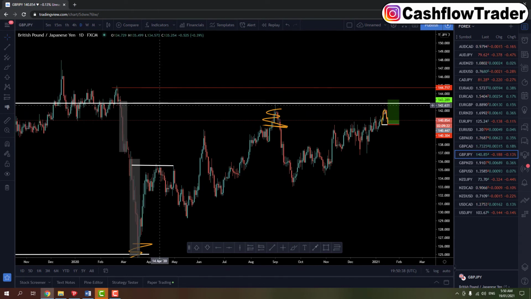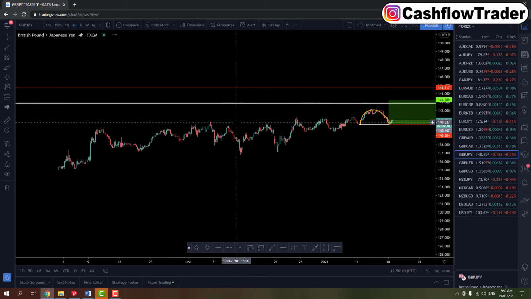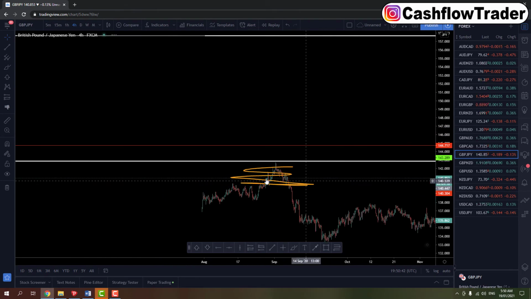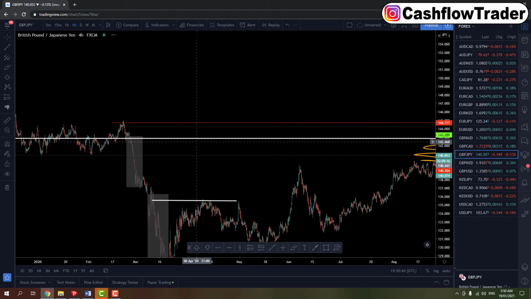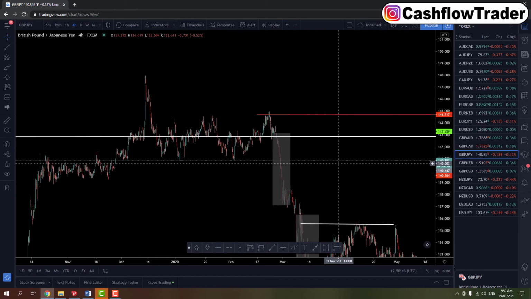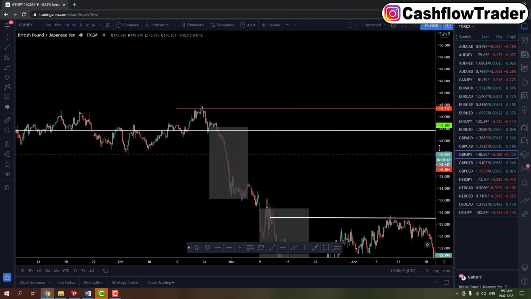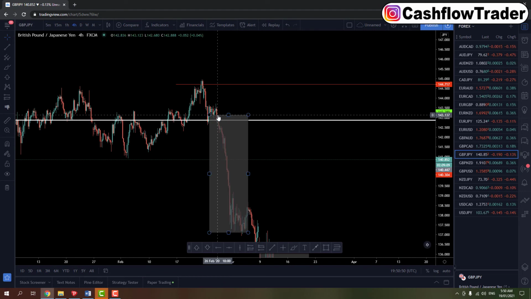So my estimate was that around these levels here, where the run started. So the run started roughly around these levels. So we had a run down here, then nothing happened, no new lower low.